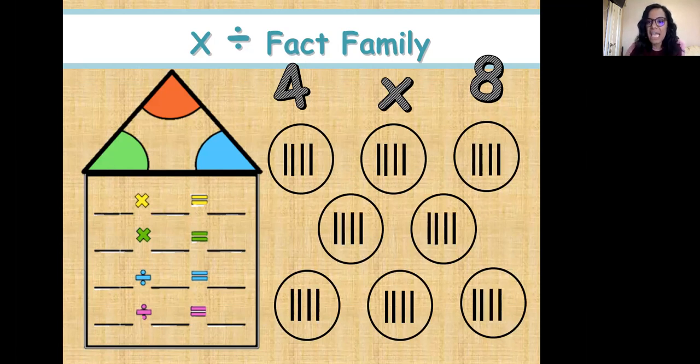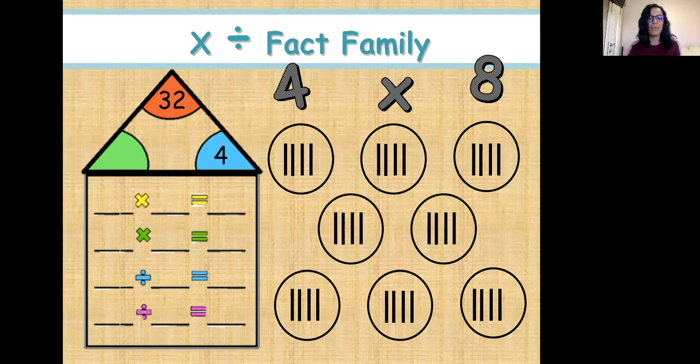How do I find the answer to this multiplication problem? 4 times 8. I need to count them all, okay? If I take the time and count them one by one, I will get 32. And the answer, 32, is going to go at the top of the triangle, okay?